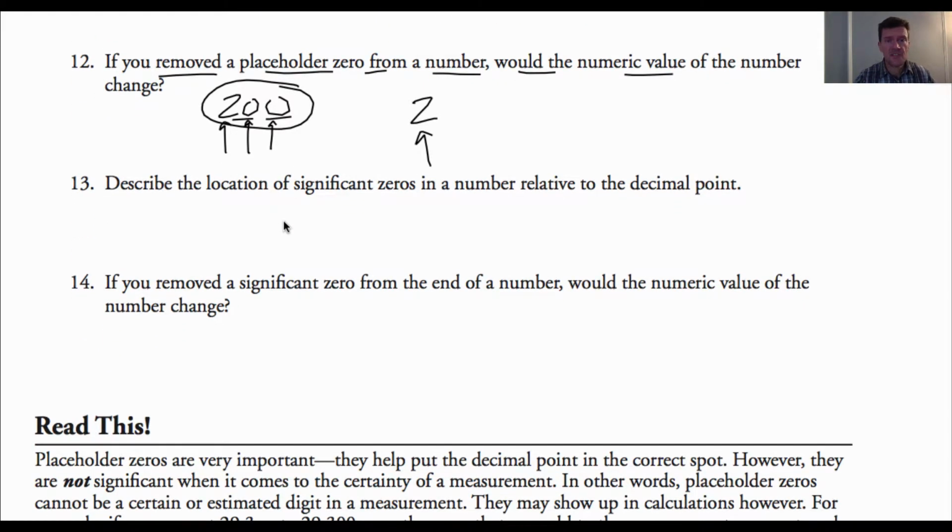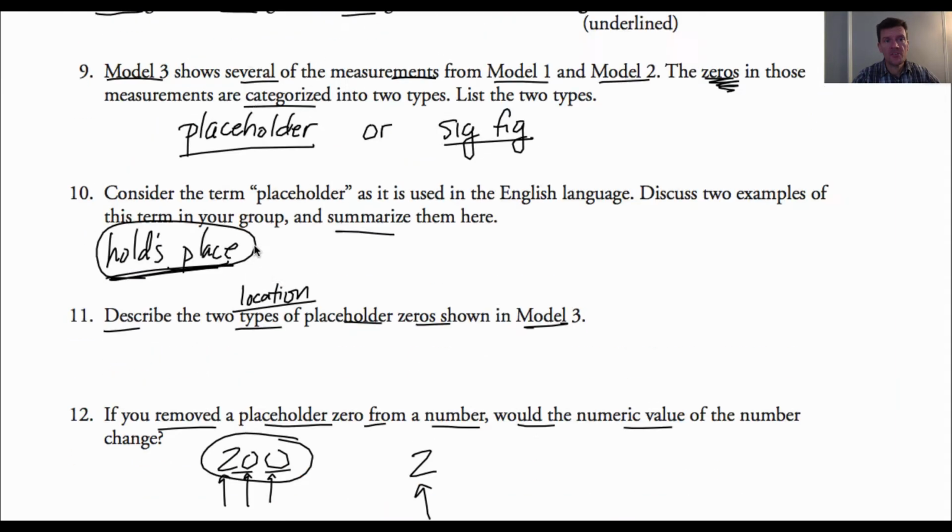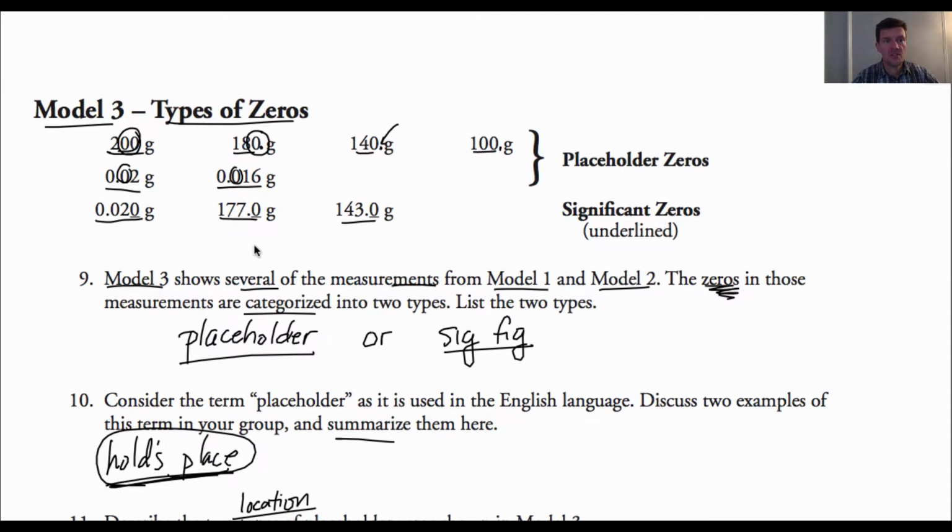Describe the location of significant zeros in a number relative to the decimal point. So what we're doing here is, any zero that is going to be to the right of the decimal point and at the end of the number is going to be significant. All the other zeros up here are just placeholders. So notice, these two zeros right here are just pushing the 2 into the hundreds place. This 0 is pushing the 1 and the 8 into their appropriate places.